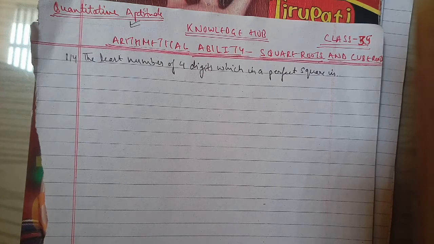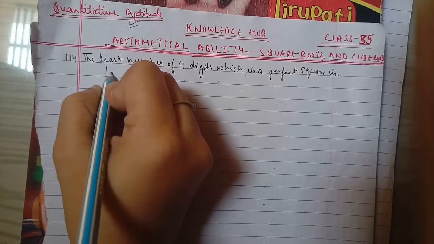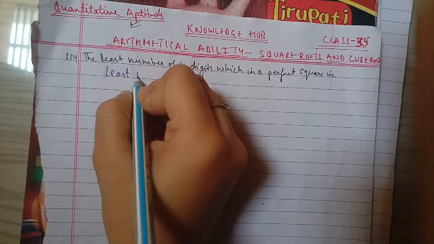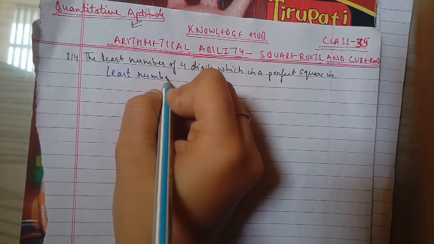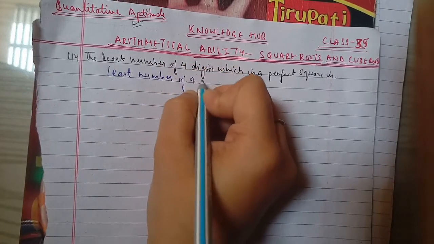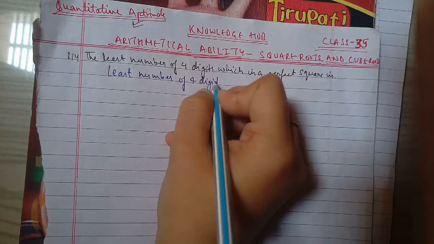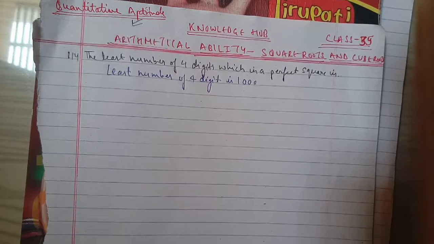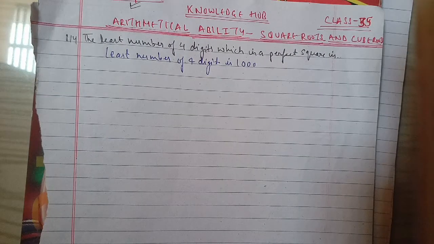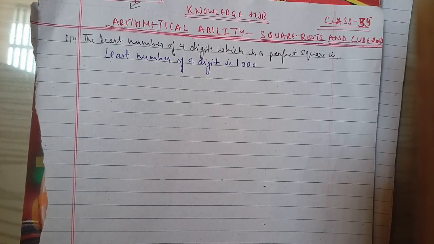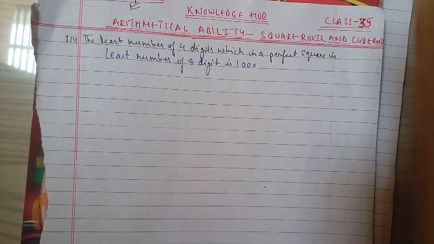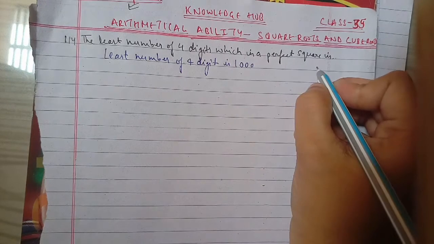Least number of 4 digits is 1000. For that we will find it out. 1000, we just pair it out.